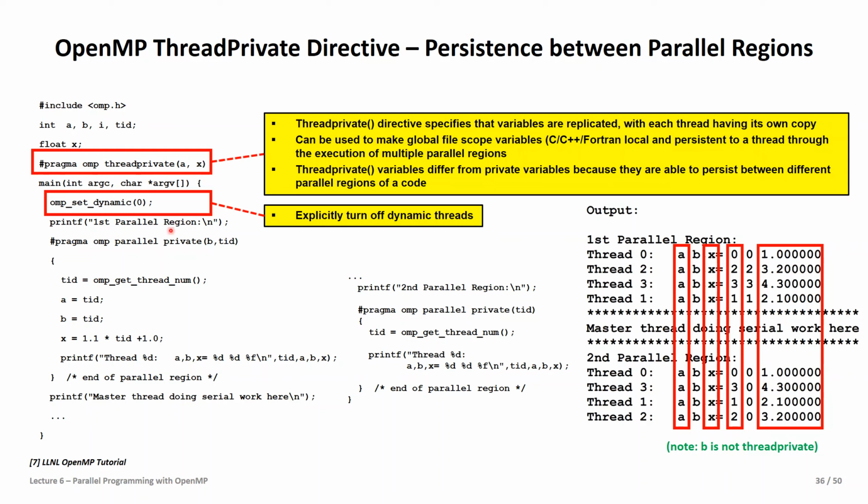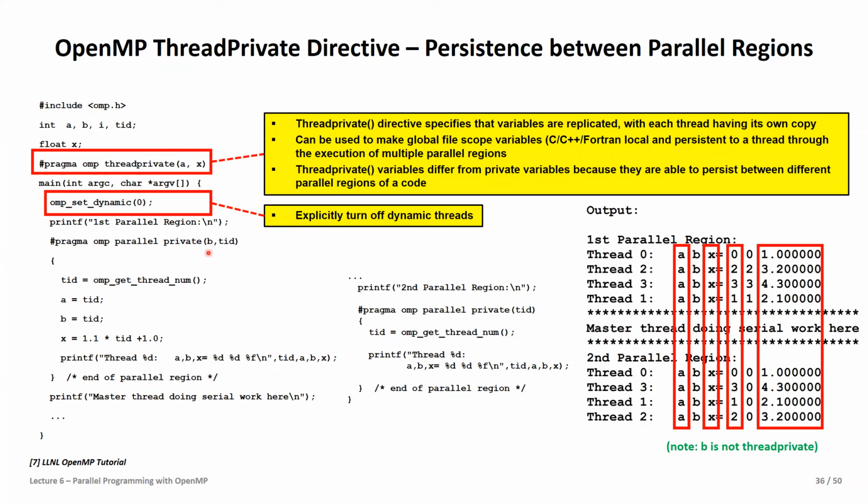In other words, when we have our first Pragma OMP parallel region finished, normally the values of A and X should be disappearing. But as we specify them as threadprivate, this is something which would be persistent to the second region, which we have later. You see the dots are actually continued here in the second parallel region, where we then have, of course, access again to A and X.